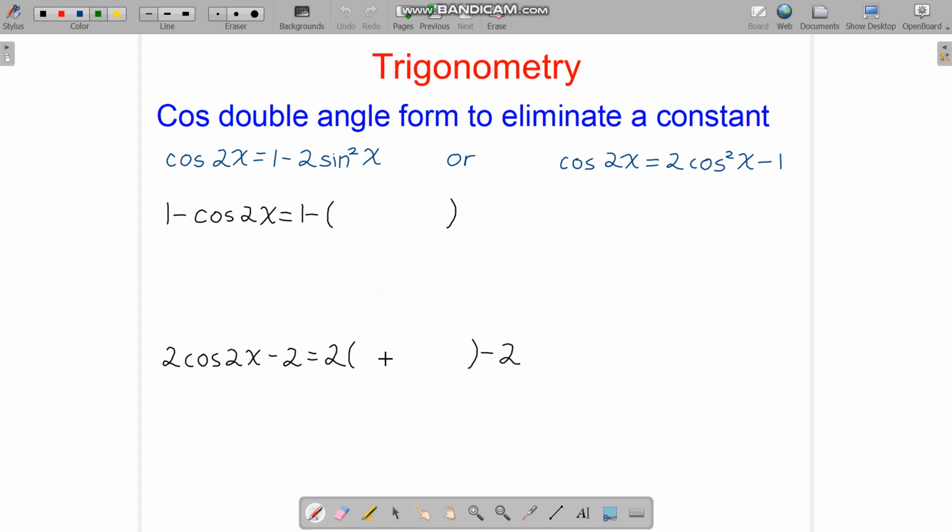The last strategy, cos double angle form to eliminate the constant. So we have these two forms of cos 2 alpha.